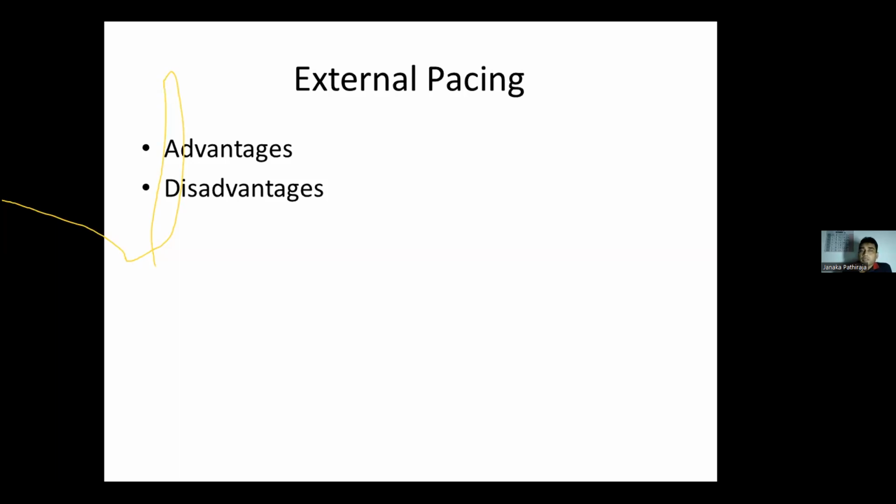The other thing is capture is not reliable. Sometimes we can miscapture, right? So capture is not very reliable. Those are the disadvantages of external pacing, right?